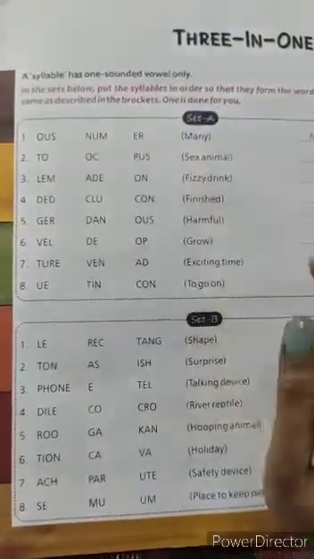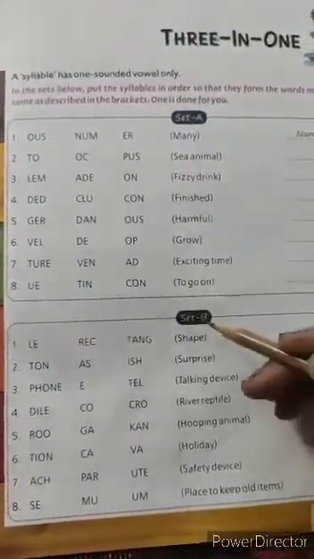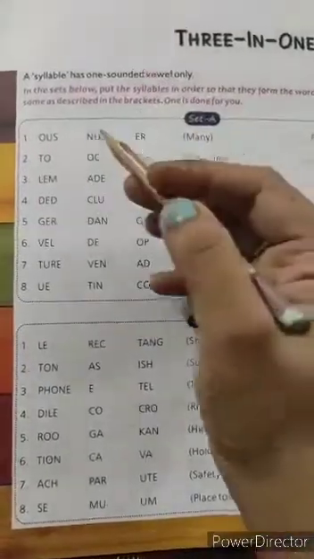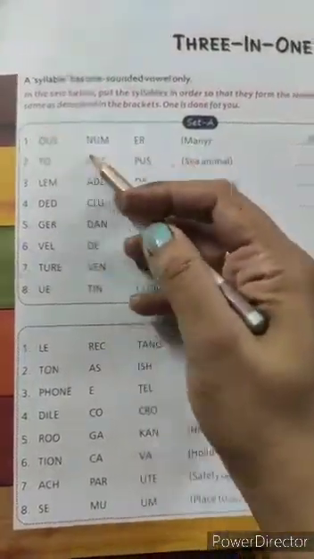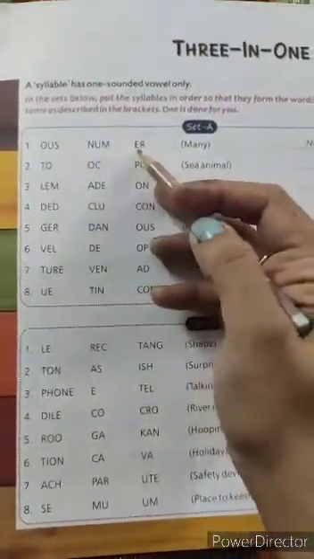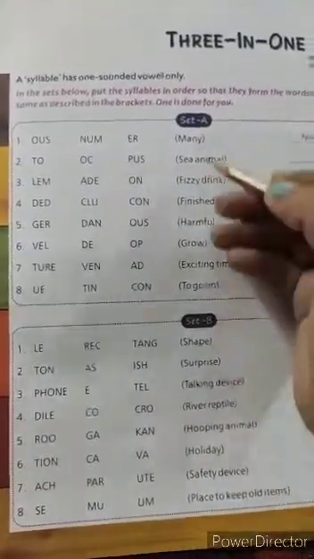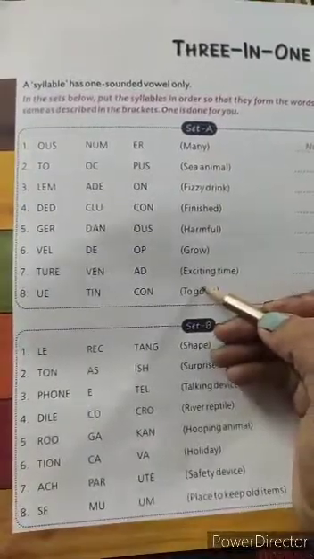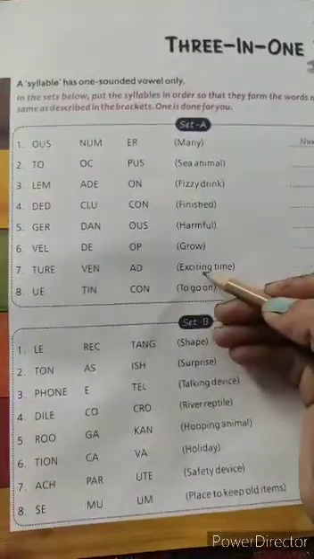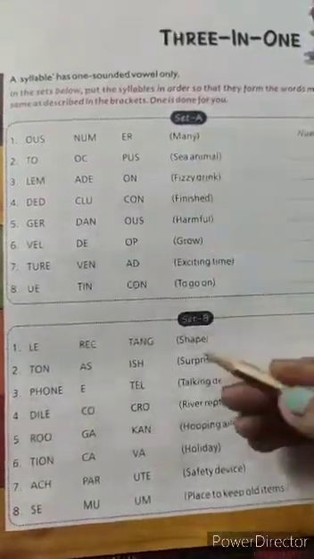One is done for you. Here 2 sets are given. We have to form a meaningful word from these syllables. The meaning of that word is given over here. You can take the help of the word given in the bracket, and in this way we have to complete these 2 sets.